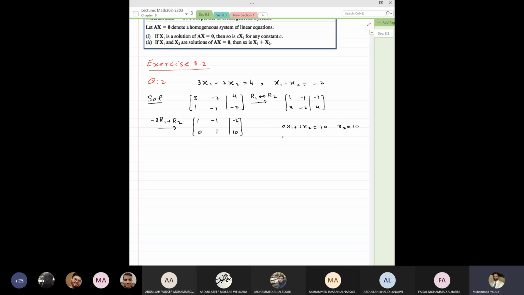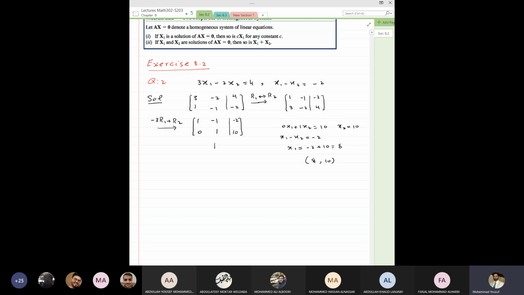From the first row, we get x1 minus x2 equal to -2. So x1 equal to -2 plus x2, and x2 is 10. So 8. So we get 8 comma 10 as a solution, and you can see it satisfy both these equations.